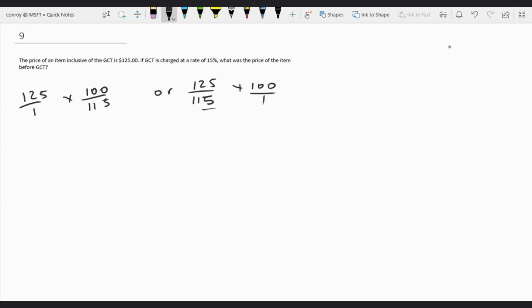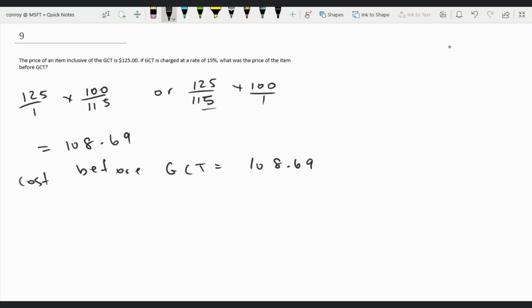Just because we want to find what that price was, we can set it out like this. All right, so either way that we work the problem, our answer will be equal to 108.69. All right, so the cost before GCT is equal to 108.69.